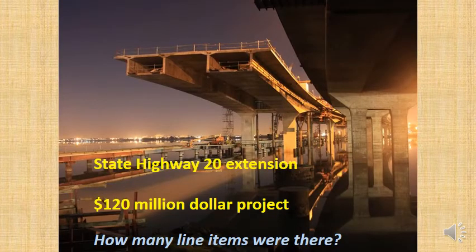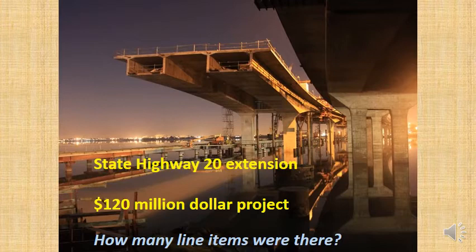I want to give you an idea for this now. When I first finished my bachelor's degree, I was actually employed as a site engineer for a new motorway in Auckland, New Zealand. It was the State Highway 20 extension. This was a big motorway project where basically we were building a big motorway that went across the south of Auckland and joined the airport up with the rest of the city.